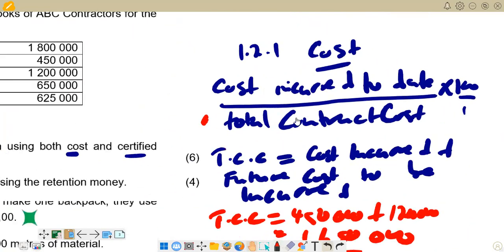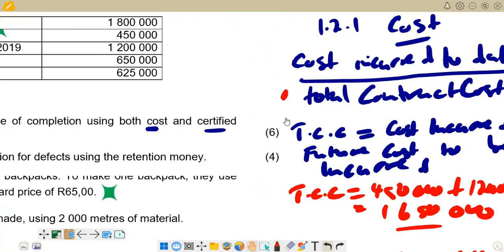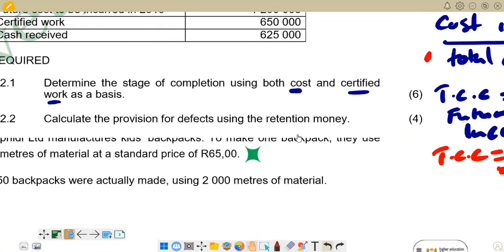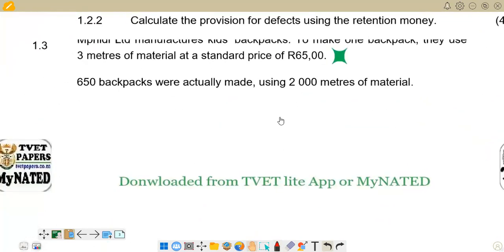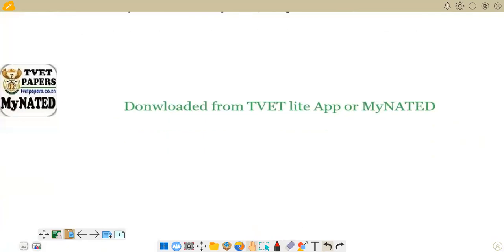So we are going to the second part where we are using the certified work basis.